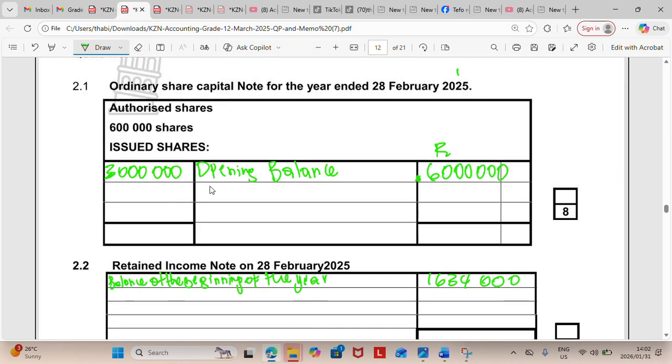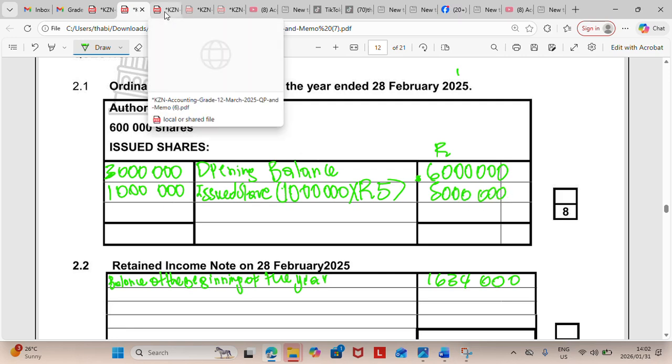So you go and write issued shares. The number is 1 million, and then you multiply by 5. So 1 million multiplied by 5, obviously it's 5 million.